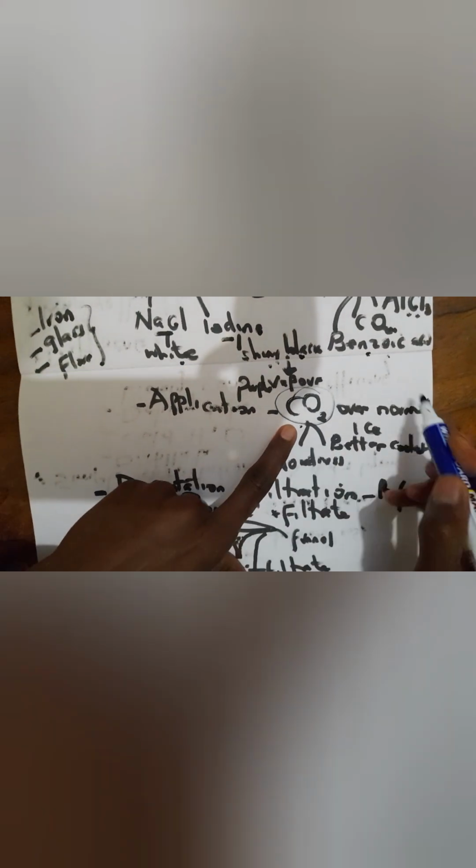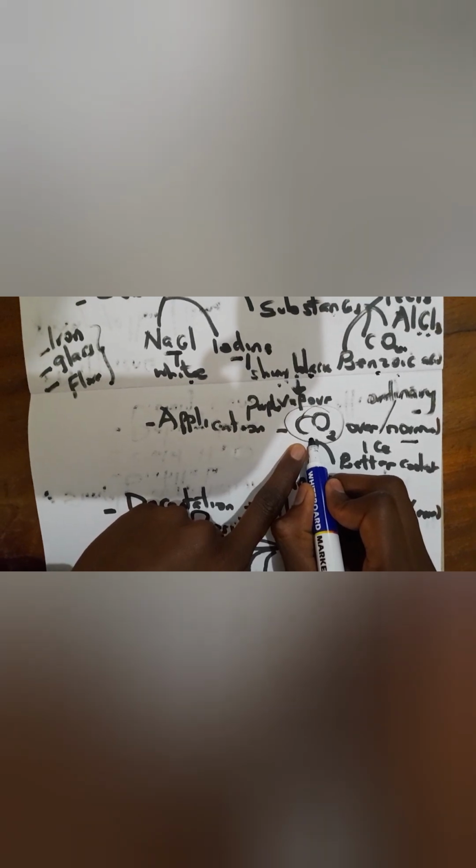Now, this sublimation is also applied somewhere, especially with ice cream vendors. The ice cream vendors usually use carbon 4 oxide. They prefer it over the normal ice, or what other textbooks call ordinary ice. So carbon 4 oxide is mostly preferred.